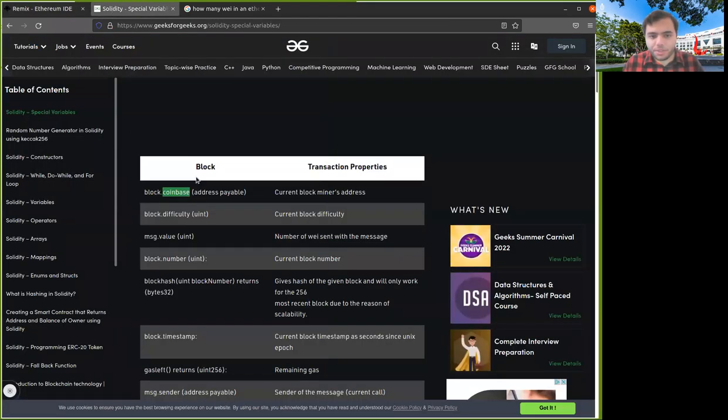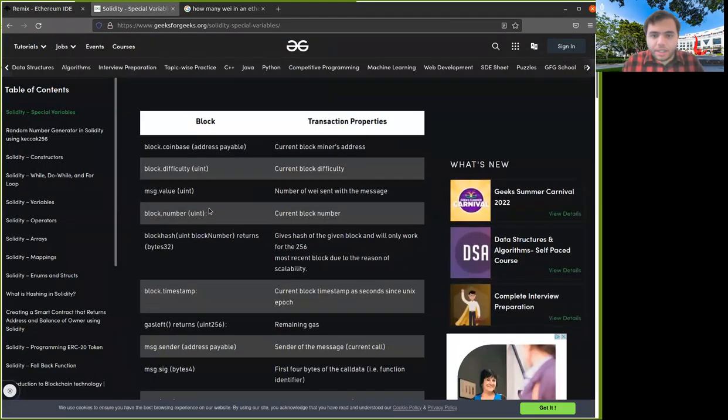So what else can we do? Well, another thing that we can use is block.difficulty. Now, this is a bit better because it's not really under the miner's control. So what is block.difficulty? It's basically how difficult was it to mine the current block?